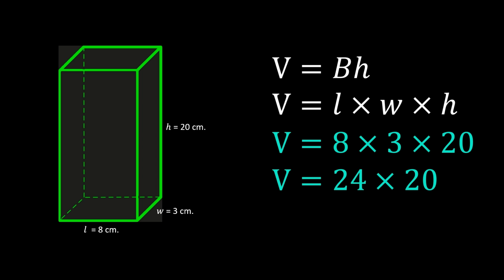Well, 24 times 2 is 48, and we were multiplying by 20, not 2, so we'll need to put a 0 at the end. So our volume equals 480, and working in centimeters, we know that volume is cubic units, so our volume is 480 centimeters cubed.